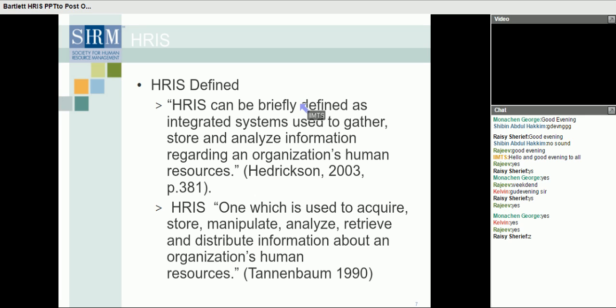That means managing all the data pertaining to the employees within the organization. That is the role of this human resource information system.